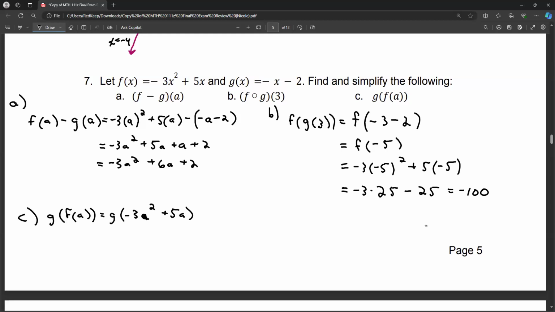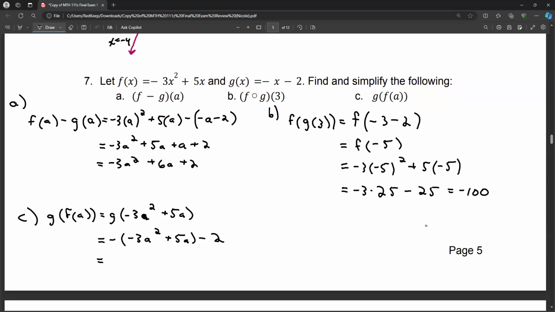And now we're going to go ahead and take that expression and plug it into our function g, wherever there's an x. And I'm going to first just use parentheses and say, plug in negative 3a squared plus 5a where that x was in g. And then don't forget that minus 2.